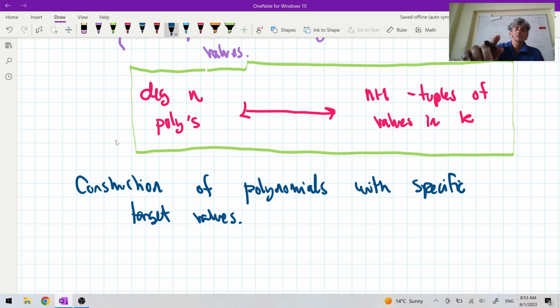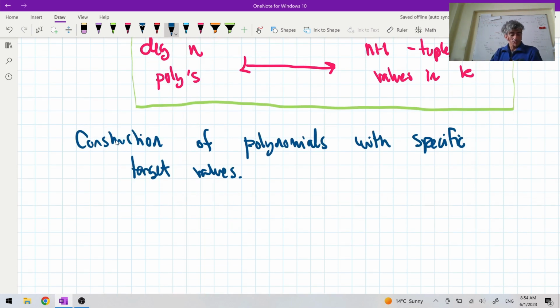Okay, so right now what we're gonna take is an intermediate step. Okay, let's start with an example.